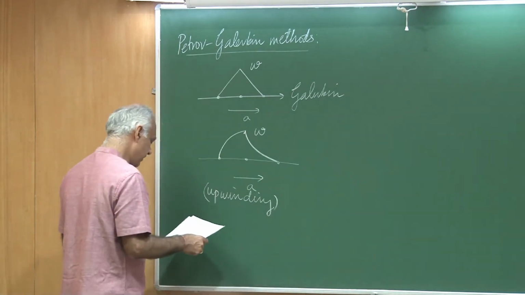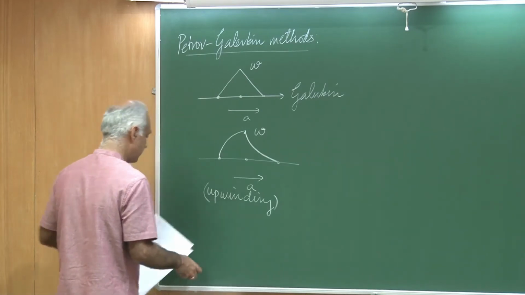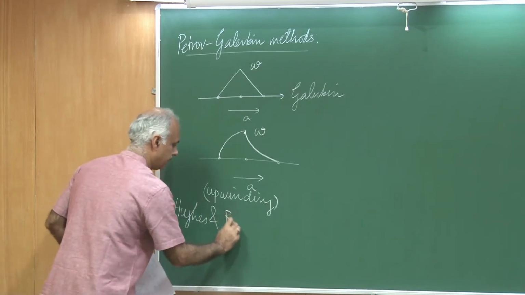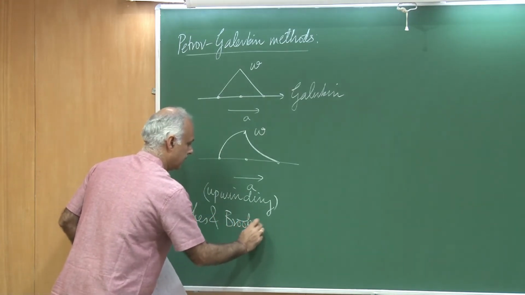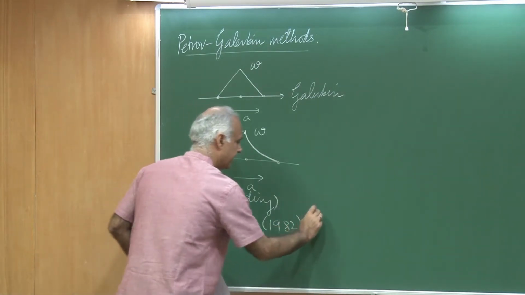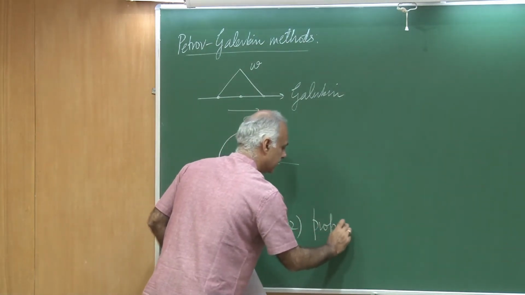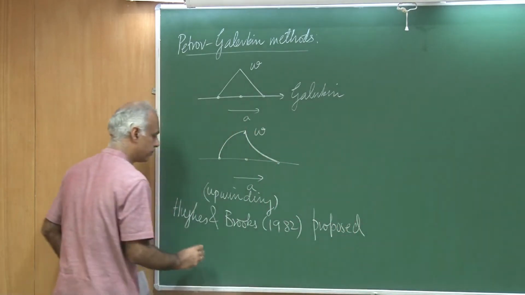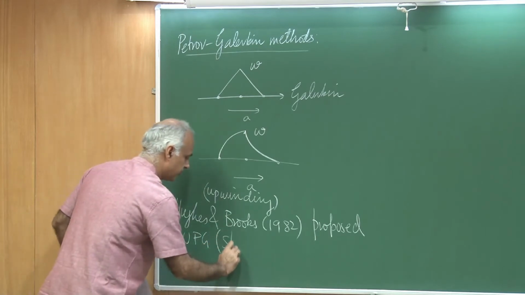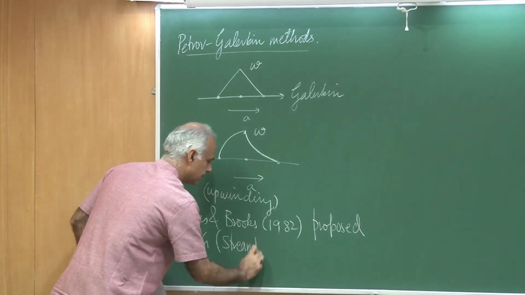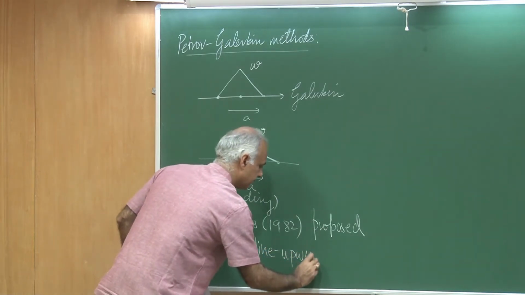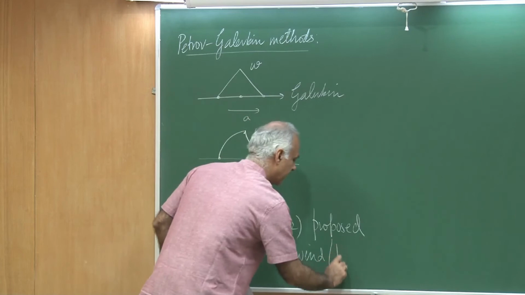So Hughes and Brooks, in a famous work in 1982, proposed SUPG, which is the streamline upwind Petrov-Galerkin method.